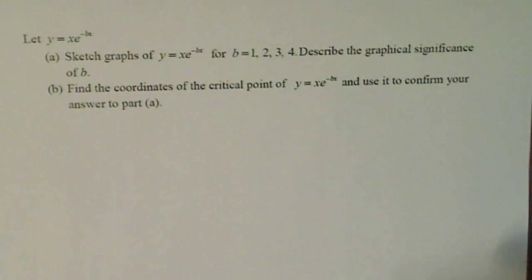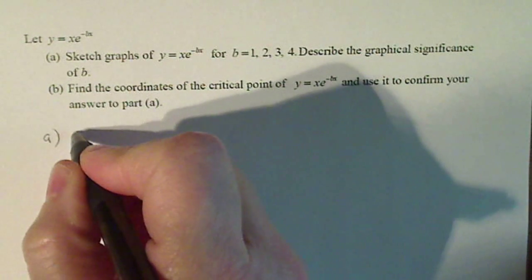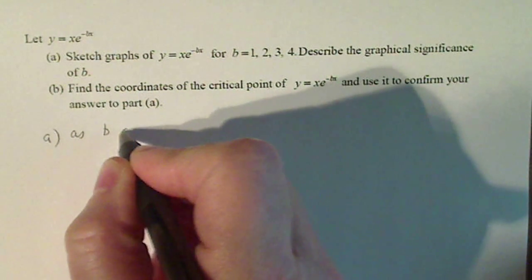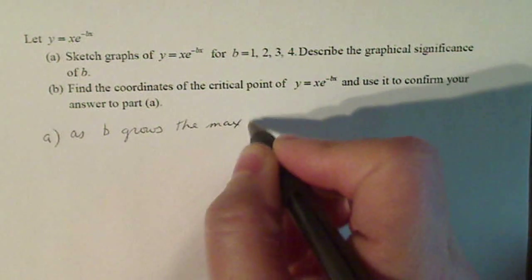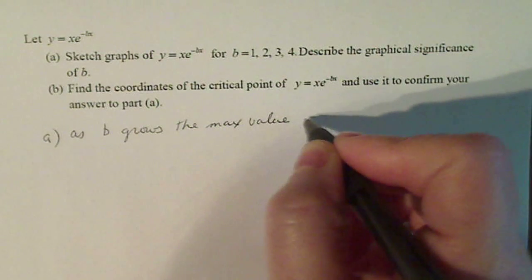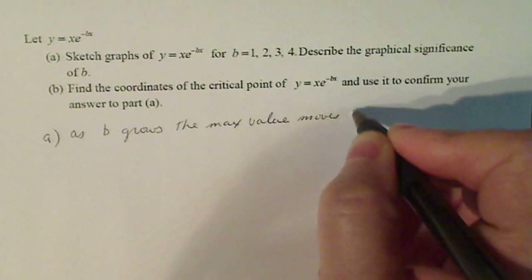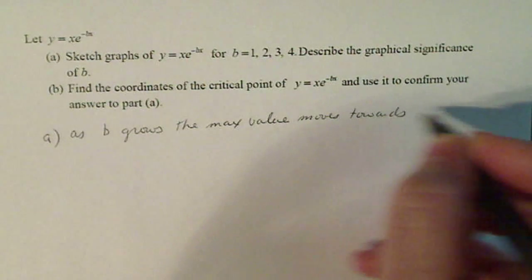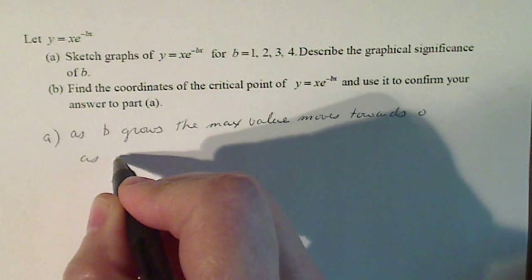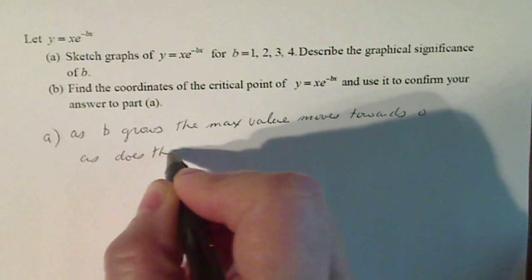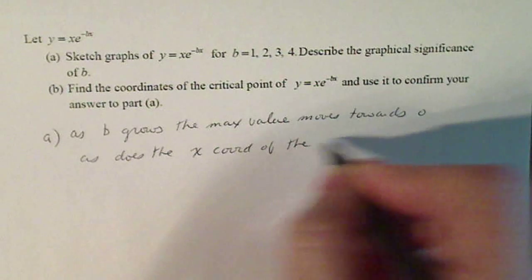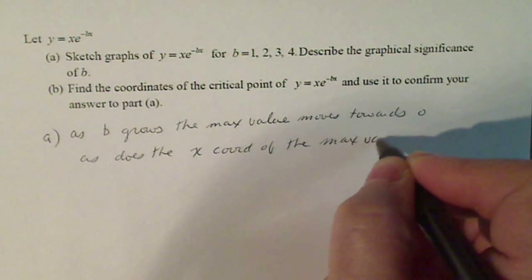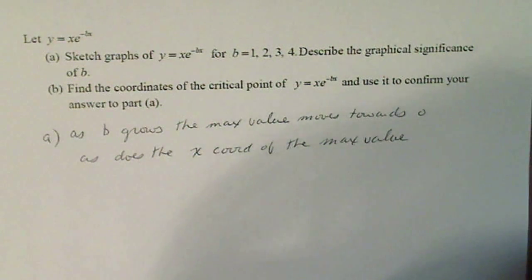So I would say for part A, as b grows, the maximum value moves towards 0, as does the x-coordinate of the max value. So b seems to be shrinking the graph based on what I see right here.